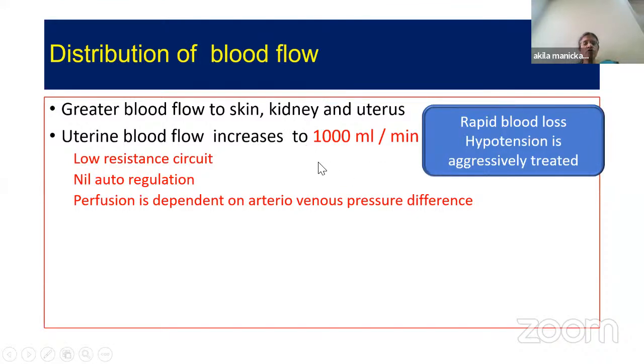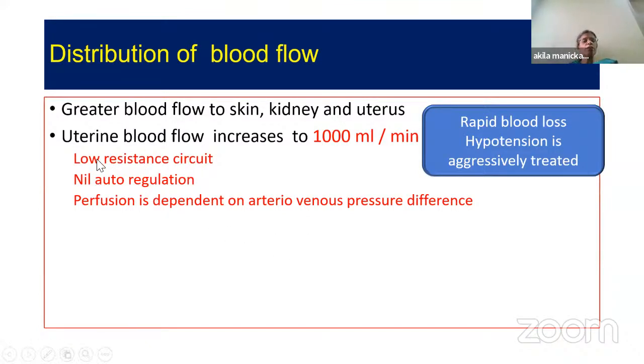And the type of flow is a low resistance circuit, and there is nil autoregulation. So the perfusion is entirely dependent on your arterial pressures, venous pressures, and the vascular resistance of your placenta. These are all the things that are ultimately going to decide the fetal well-being.